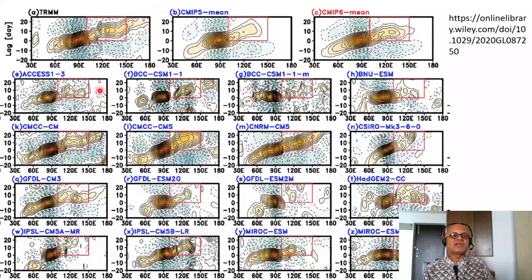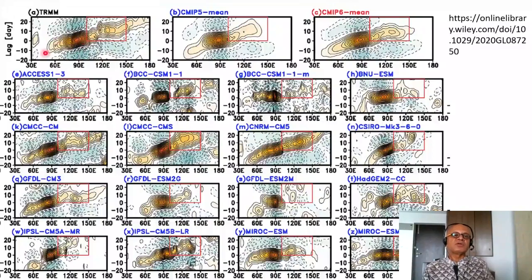This paper looks at MJOs, just to move from MISOs to MJOs. So this paper focuses particularly on how the maritime continent crossing by the MJOs is done in CMIP6 models and whether they have improved over the CMIP5 models in terms of transitioning across the maritime continent into the West Pacific.